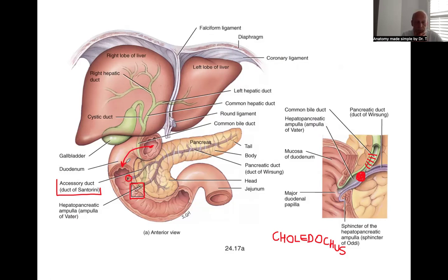Also, the presence of partly digested proteins in the duodenum could stimulate secretion of cholecystokinin, which again is enhancing the effect of secretin on the pancreas.